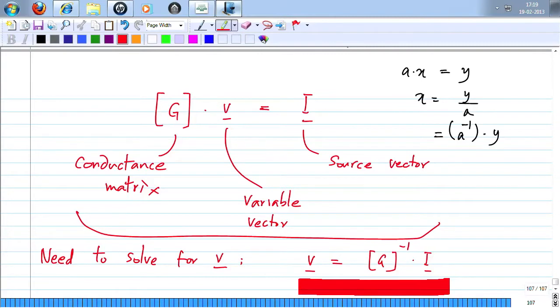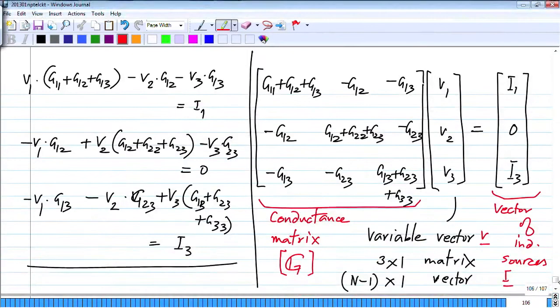Okay, it appears that it is pretty clear. So right now I don't want to solve this. I am not going to solve it for any particular circuit, but I just want to focus on the structure of the matrix here.